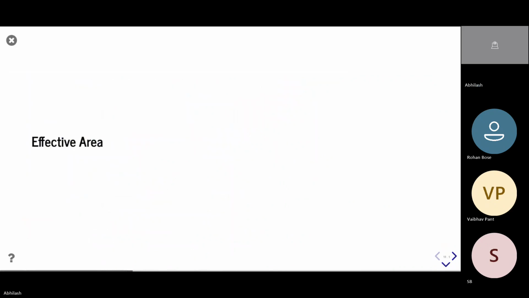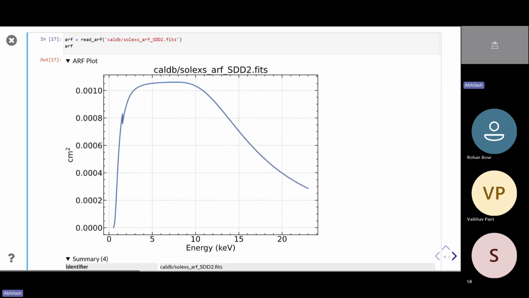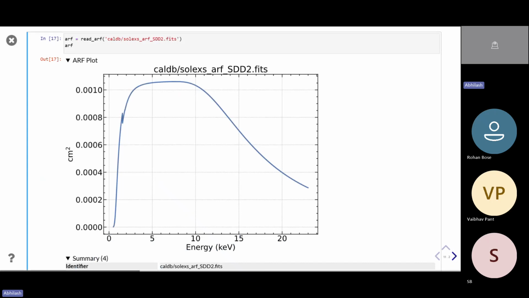Right. So the next calibration database that you need to be aware of is called the effective area, which looks like this. Again, the x-axis is energy, and the y-axis is in centimeter square. What you essentially have is the quantum efficiency multiplied by your geometric area, and I think Manju ma'am has the equation somewhere here. You see that at around 5 to 10 keV you have almost 100% efficiency, and your effective area is almost equivalent to your geometric area.